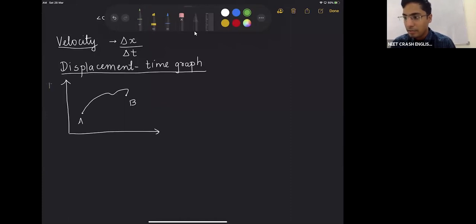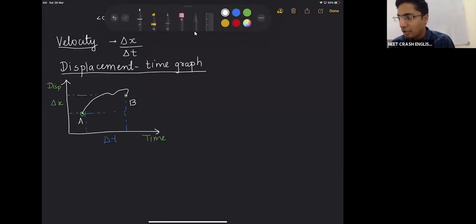This is displacement, this is time. This was the initial displacement, this is the final displacement. So the change in displacement is delta x, and the change in time is delta t. The average velocity is nothing but delta x by delta t, correct?